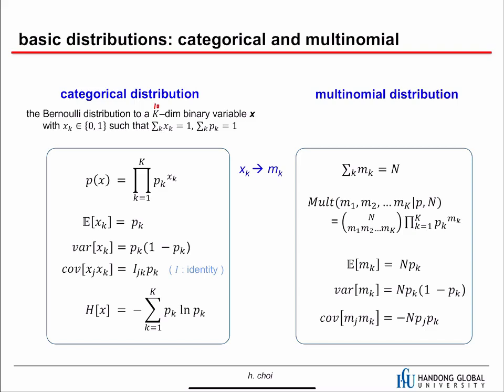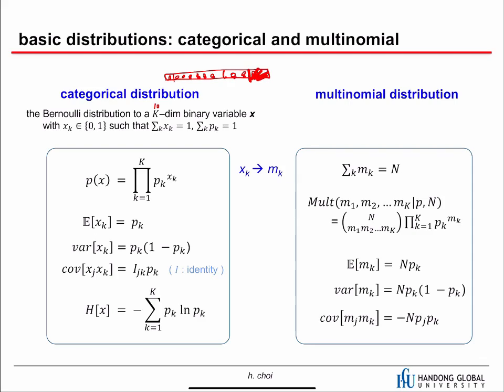So we apply this Bernoulli distribution to a 10-dimensional binary variable x, and each element of x could be either 0 or 1. 1, 2, 3, 4, 5, 6, 7, 8, 9, 10. Sorry, so we have 10 elements.